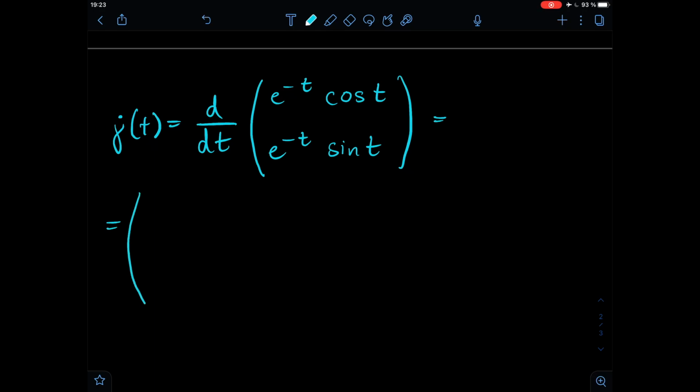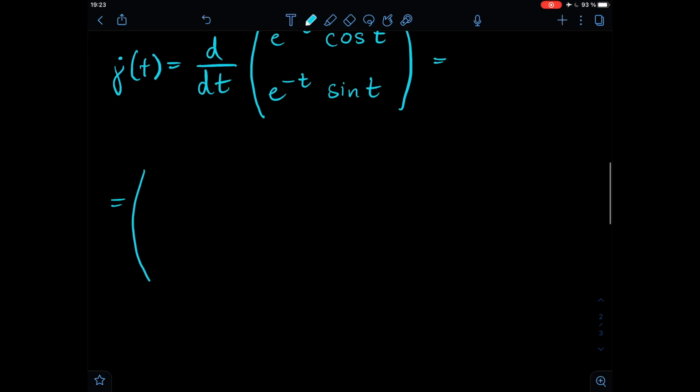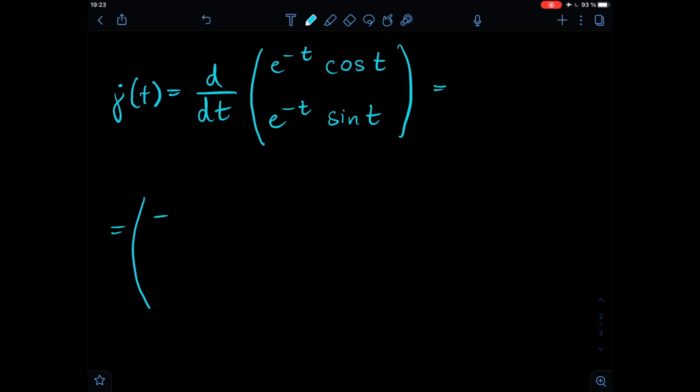So what we will get then is minus e to the power of minus t times cosine of t. So the cosine remains unchanged, and then we have minus e to the power of minus t times sine of t, because the derivative of the cosine is minus the sine of t.